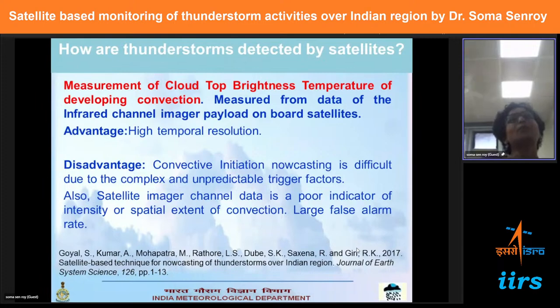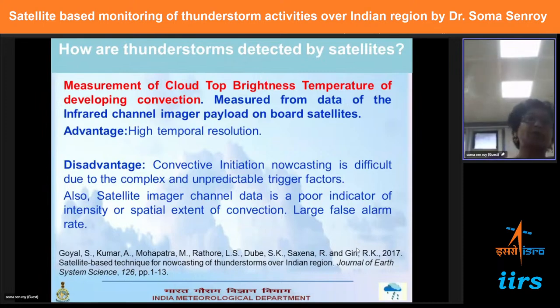Then measurement of cloud top brightness temperature of developing convection. This is the most commonly used product. That means you just measure the cloud top brightness temperature. Presume that 240 Kelvin or 243 Kelvin or minus 30 degrees Celsius cloud top temperature corresponds to convection happening.